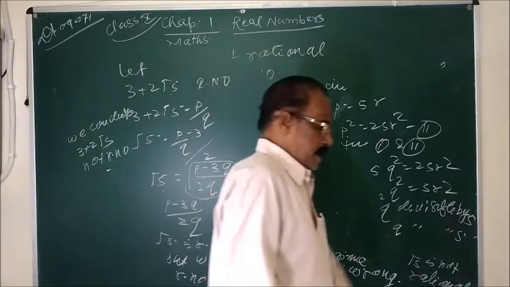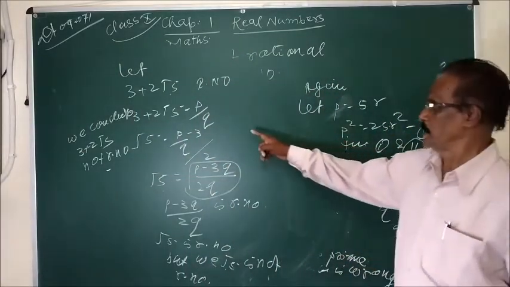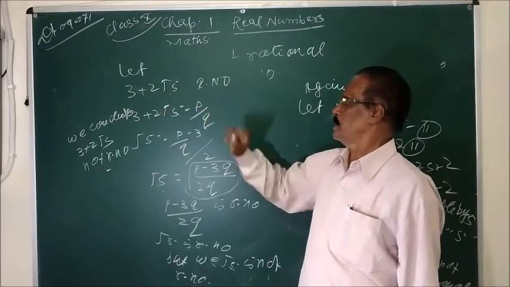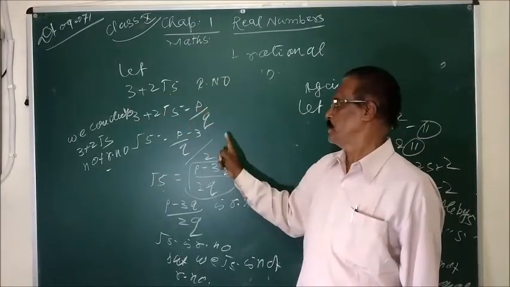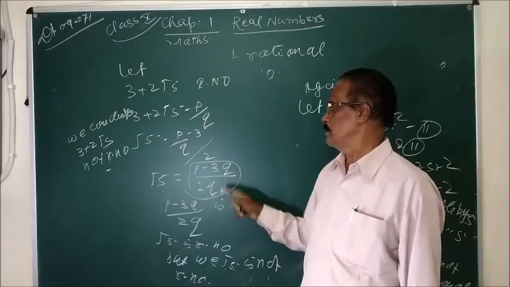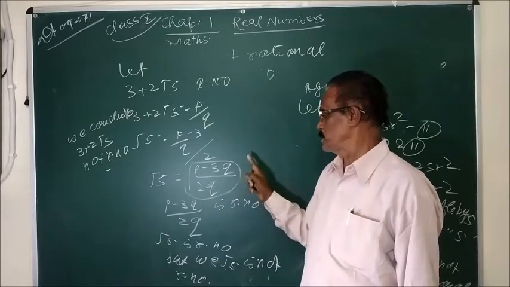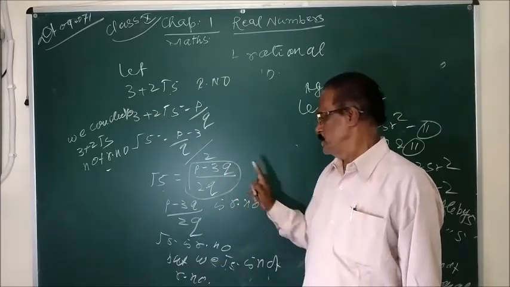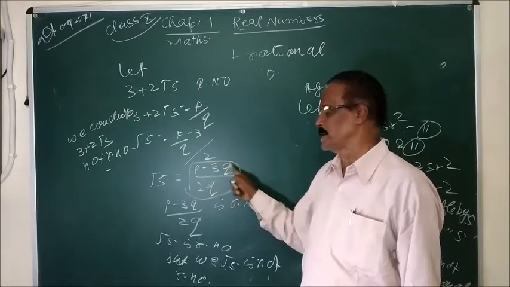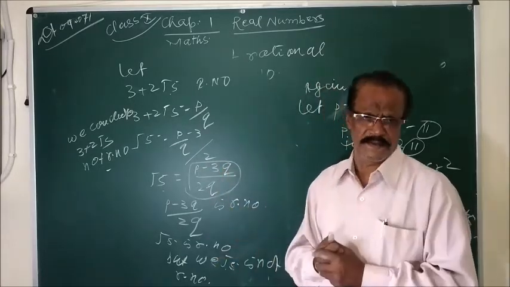So this is a question, and this type of question you have to solve like this. You suppose this is a rational number, so it can be written as P by Q. You transfer 3, so this will be minus. You find the LCM and you also transfer 2. So you are getting the right side P minus 3Q upon 2Q. This is a rational number because P and Q are integers, and 3 and 2 you already know are integers.